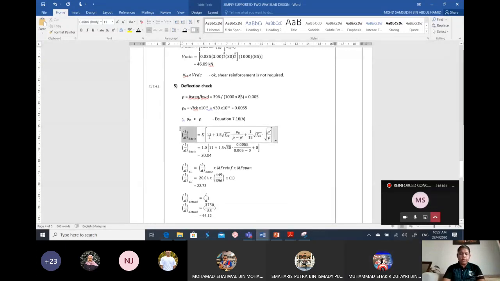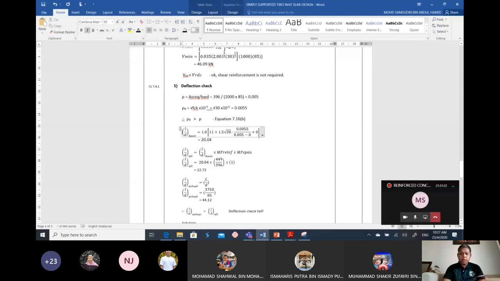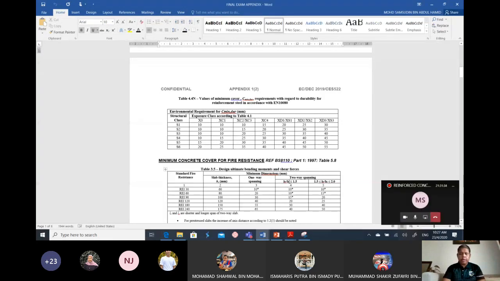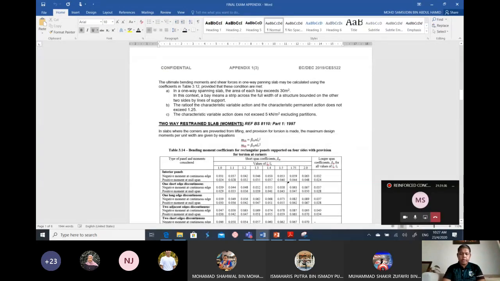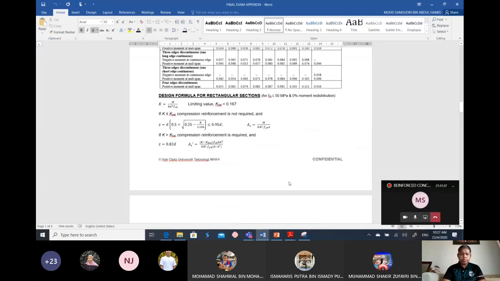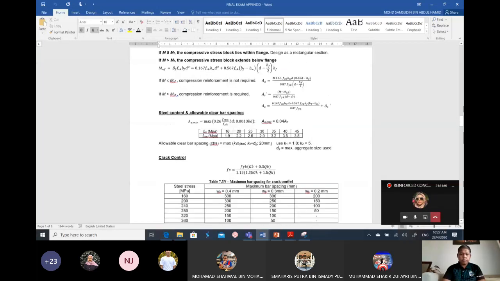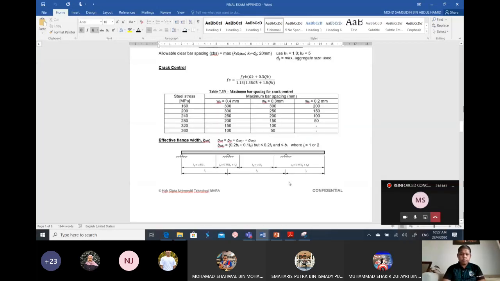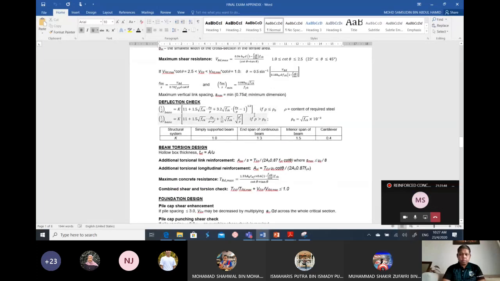Here is supposed to be equation 7.16a. So wait for a while. I'll copy the 7.16a. This one, right?